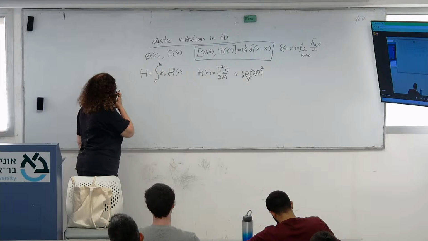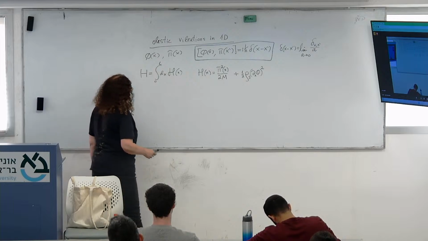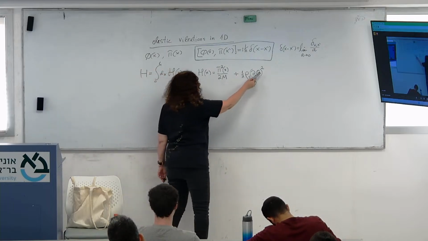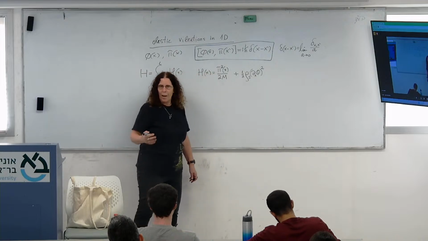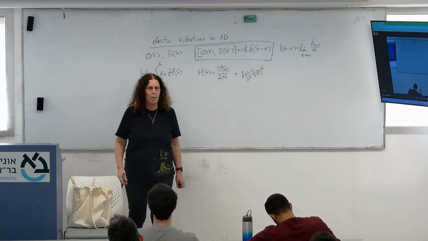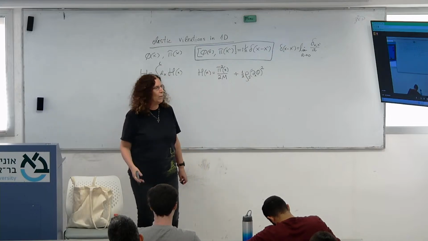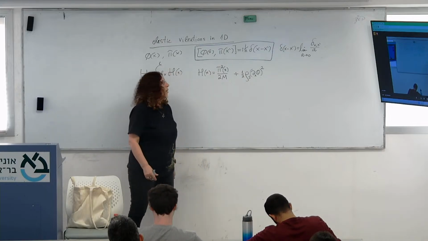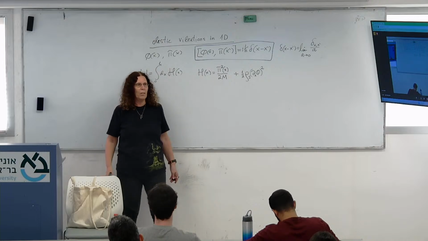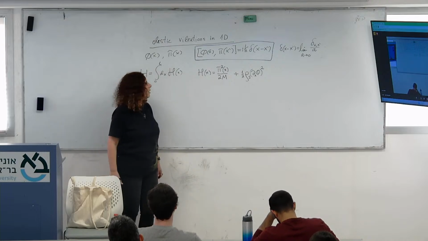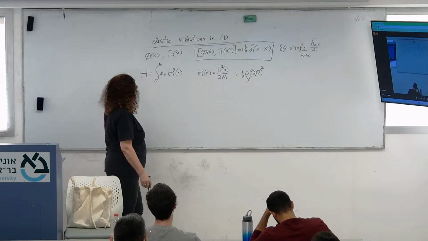Now, this theory is relatively simple. We saw already that if we derive the equation of motion by minimizing the action, this is what we did last week, we get a linear equation, just a standard wave equation.